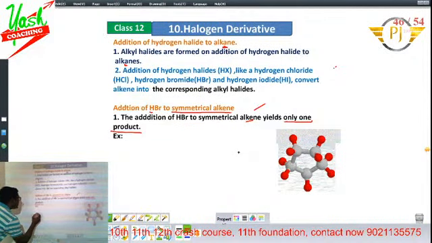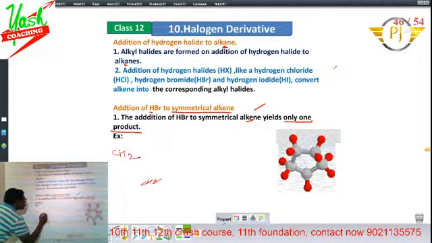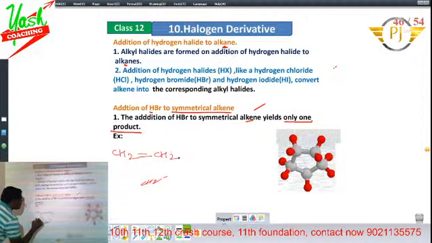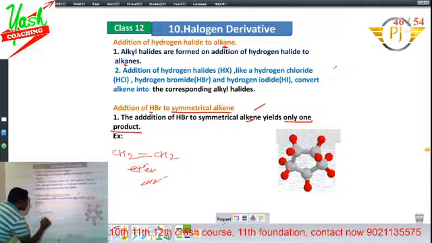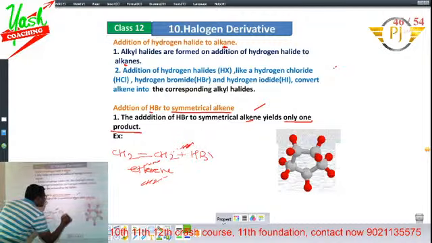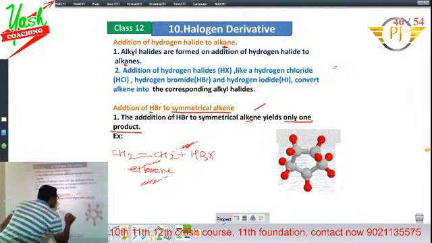For example, consider ethene, that is CH2 double bond CH2. This is ethene. Ethene is reacted with HBr.